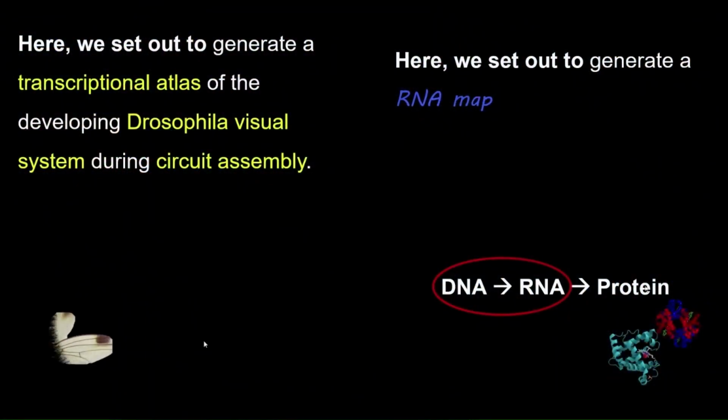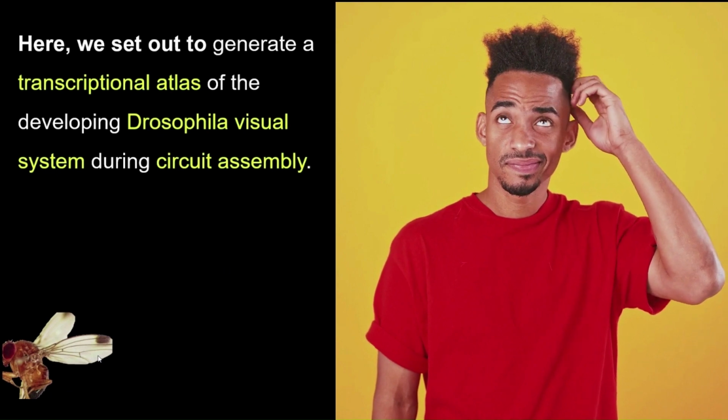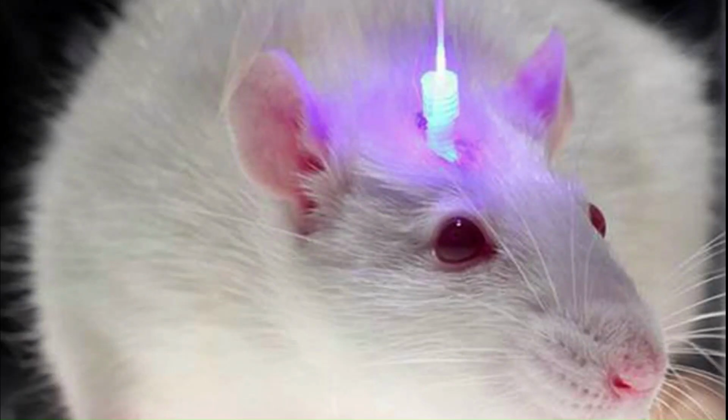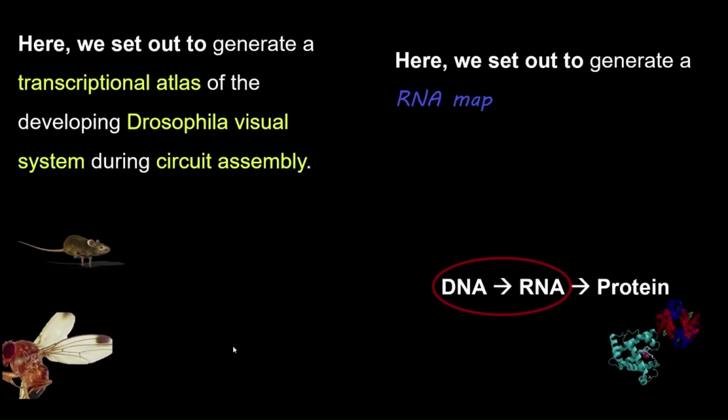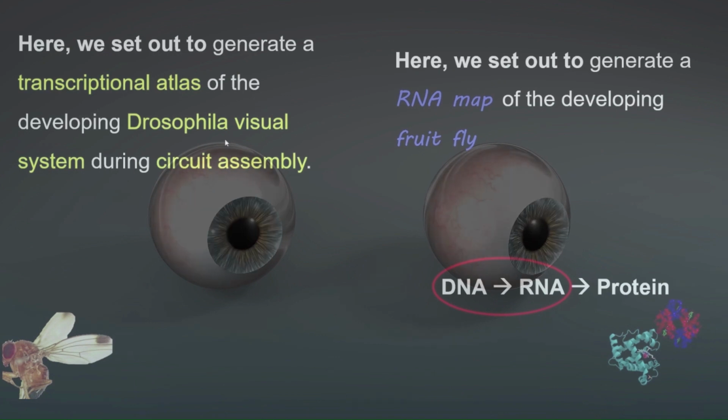Drosophila visual system. Drosophila refers to a type of fruit fly that's commonly studied. Why a fruit fly? Okay, so often animals such as mice, worms, or flies are used in biological experiments that can't be done on people. Although animals look very different from people, certain aspects of their behavior or growth processes are often comparable or extendable to humans, such as perhaps the visual system, referring to eyes and all the related processes that enable our vision.